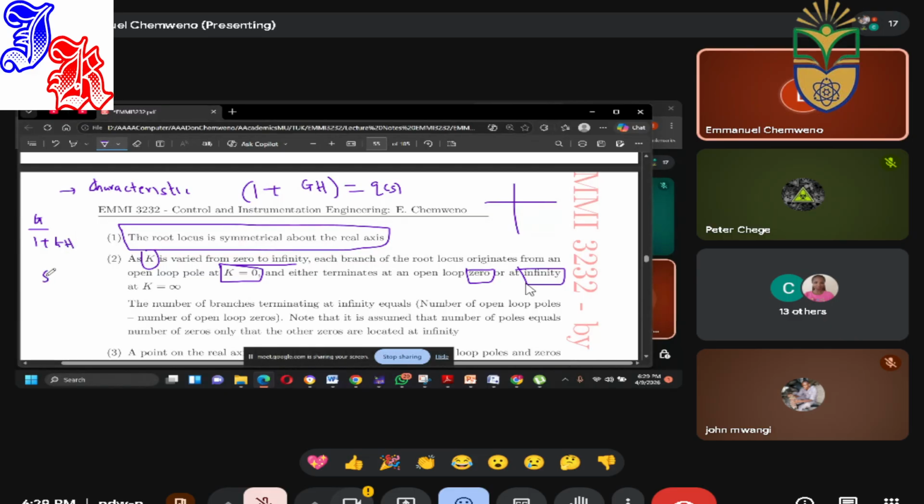It is S plus Zi over S plus Pi. So on your S-plane, you are going to locate the position of the zeros and poles. So the locus will originate at open loop poles and terminate either at infinity or at a 0.